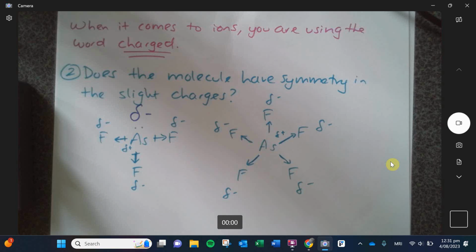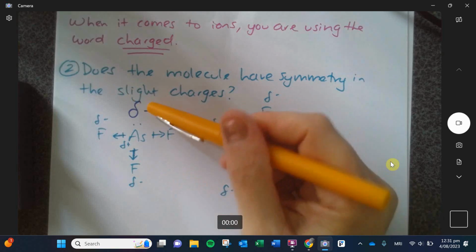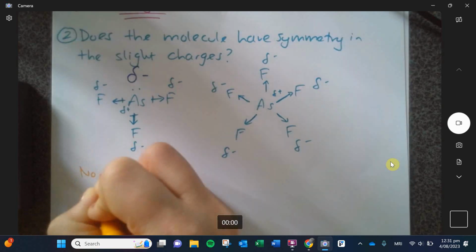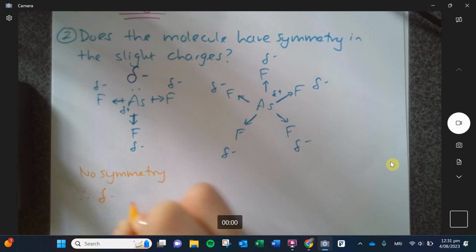So the next thing I then think about is, do I have symmetry that's going to result in the like charges canceling out? So when we are looking at this guy over here, yes, they are all negative, but they're not equally negative. This is more negative than these guys. So there's going to be no symmetry and therefore a polar molecule.